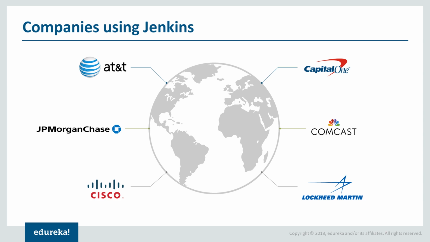The only difference would be that some companies would be using it for very small projects or maybe partially for some of the projects. And some of the companies would be using it full-time, end-to-end for all of their project needs. That's the only difference. But every company on earth, any company who is actually involved in software delivery or software development will be using Jenkins in some or the other capacity.